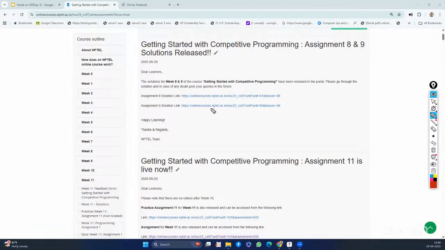So 25% of the marks will be taken from your assignments. How will that be calculated? 12.5 marks will be calculated from the best 8 out of the total 12 quiz assignments. And the same 12.5 marks will be taken from the programming problems.